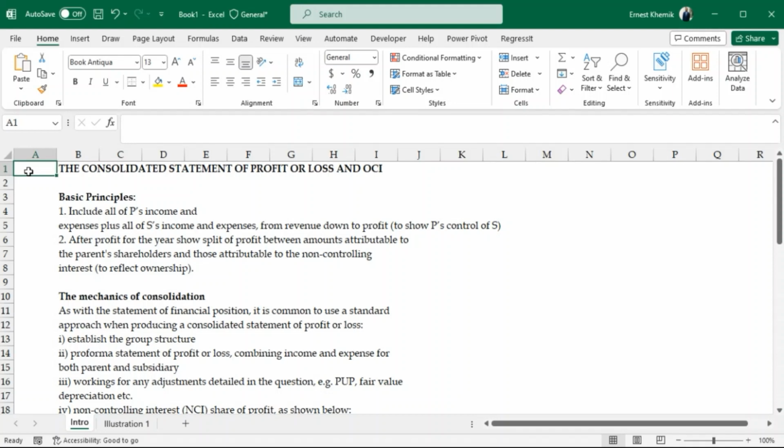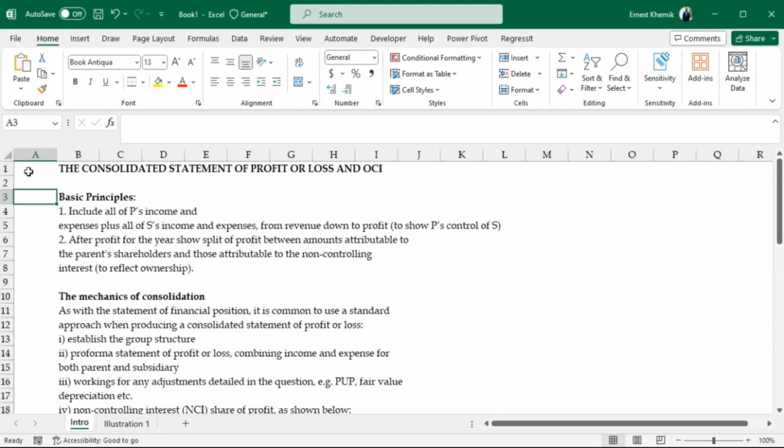So the Consolidated Statement of Profit or Loss, the principles behind this particular financial statement are not too different from those we've seen previously under the Consolidated Statement of Financial Position. So quickly, we want to look at what the basic principles are.